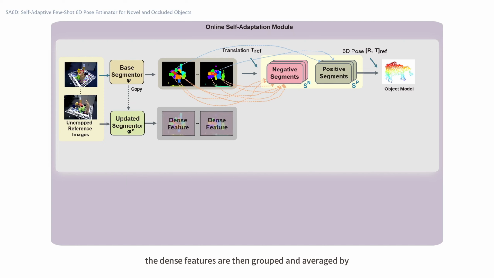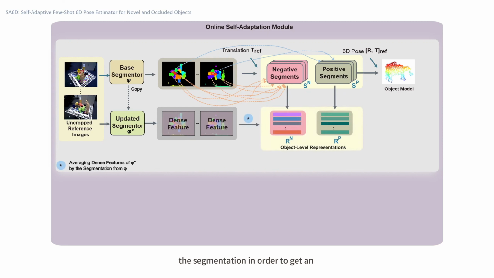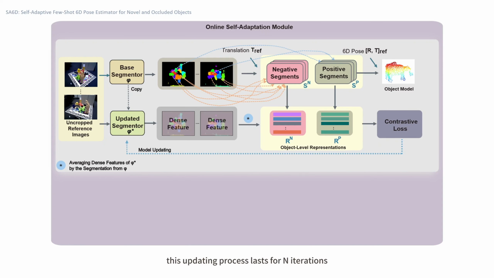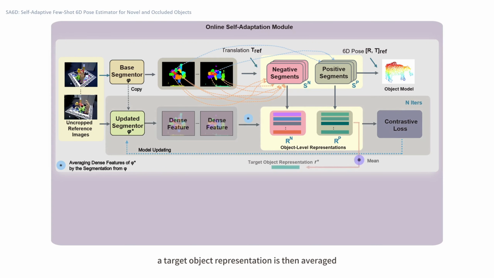The dense features are then grouped and averaged by the segmentation in order to get an object-level representation. Afterward, a contrastive loss is employed on the object representations to update the segmenter. This updating process lasts for n iterations. A target object representation is then averaged over all positive object-level representations.